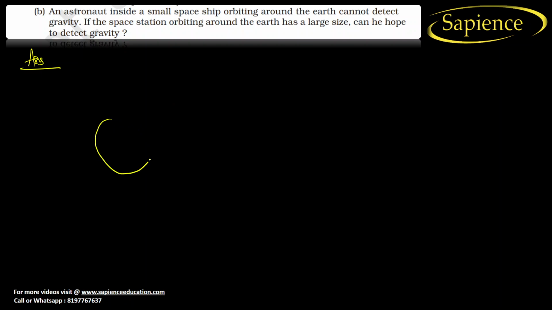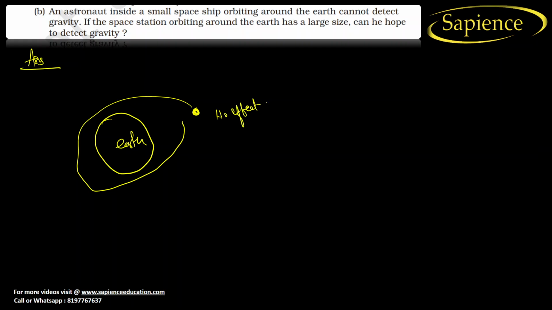If this is the Earth and this is a small spaceship, there will be no effect of gravity. But let us consider this is Earth, and if we use a large ship like this, what will happen?